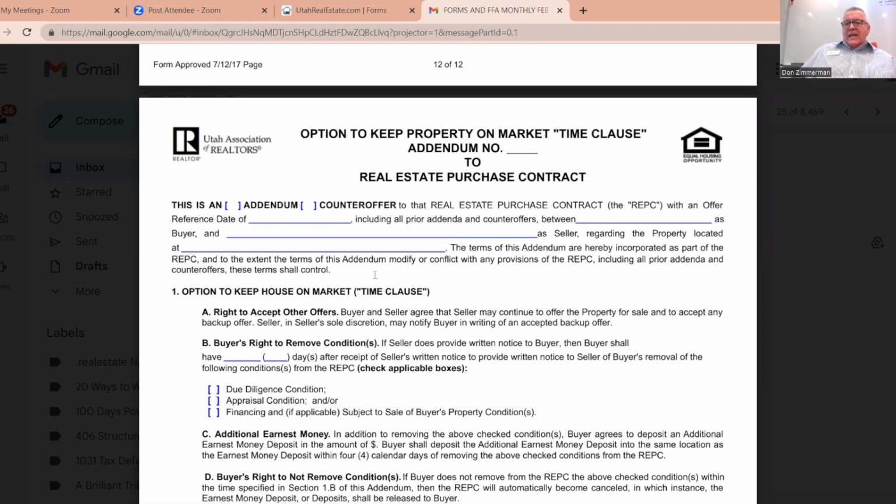Well, if it's on a weekend, they might need to check with their lender to see if there's another way that they can do their financing so they can remove their contingency. So 72 hours gives them the weekend plus 1 day to get to their lender and talk with them and see if there's any way they can remove their contingency. In my opinion, that's a fair way to do it. That's why I always suggest 72 hours.